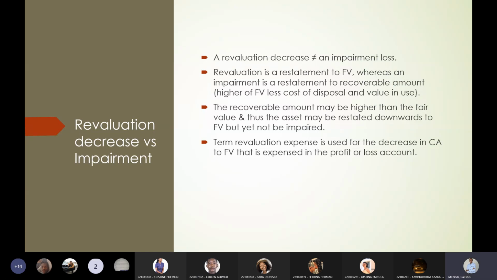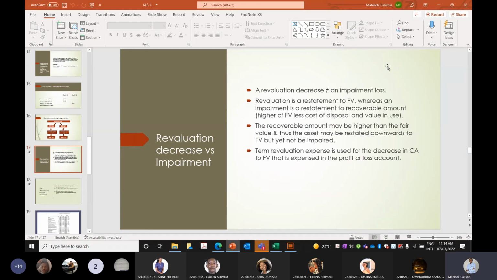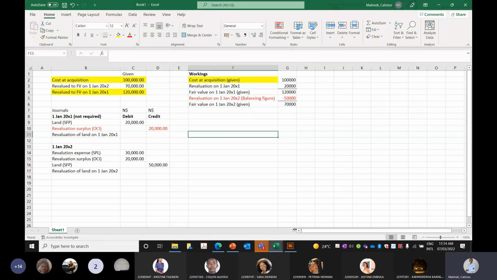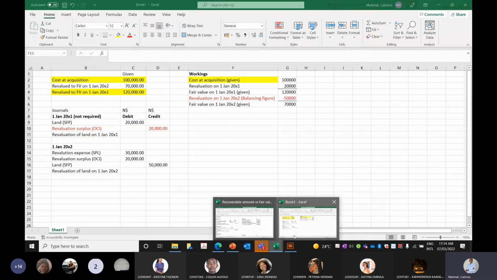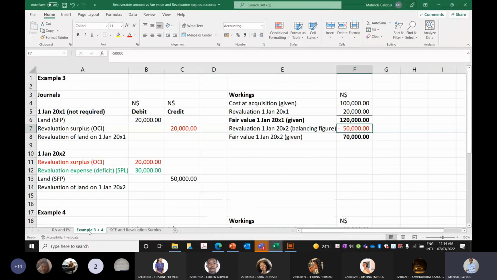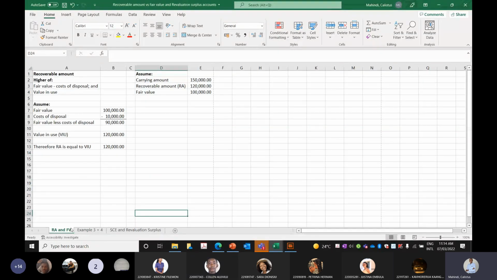Normally, when we say something is impaired, maybe it's damaged. So for example, let us say you have a vehicle and your vehicle is written off. Then the value that you've written off the vehicle by, that is called your impairment loss. But it's not all the time that when you're writing down to a lower amount, it means an impairment occurred.